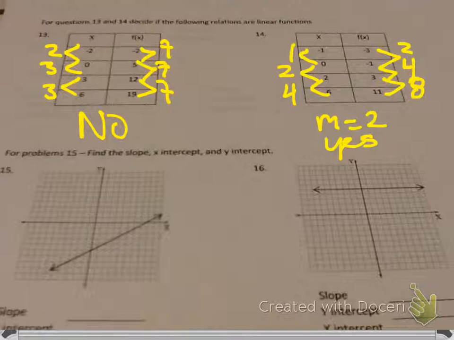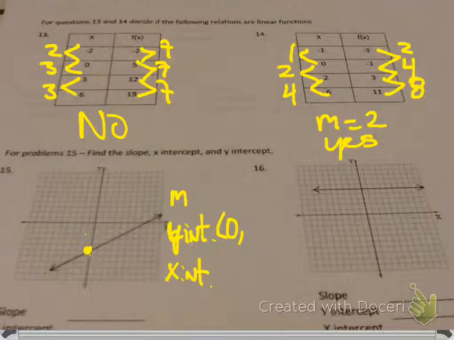On 15, you're supposed to be finding the slope and the y-intercept. There was a lot of debate as to what was a good slope for this this morning, especially on 15, because the line was a little bit off. But let's say I went with this point right here. Obviously that's my y-intercept, and the y-intercept there is 0, negative 5.